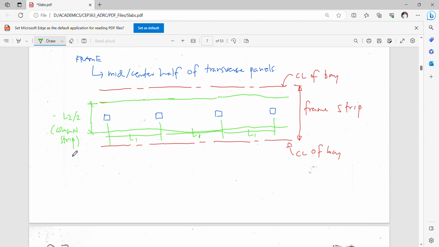So this is your column strip, and the middle strip is simply the excess. This is your half middle strip here, another half middle strip here, which constitute the whole middle strip.